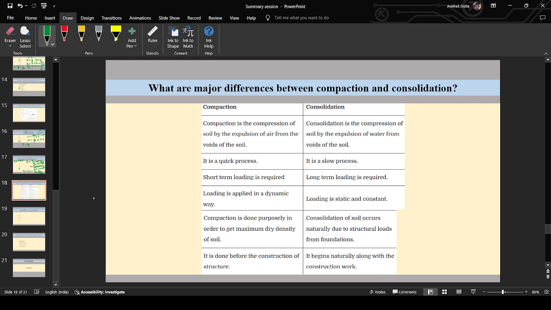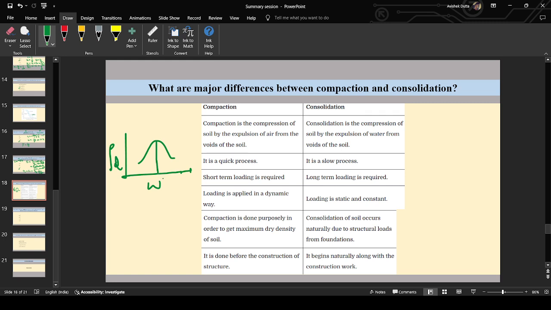We know after compaction we get a curve showing the moisture content and dry density. We get an inverted curve like this. If you do the standard Proctor test or modified Proctor test, we get moisture content versus dry density.